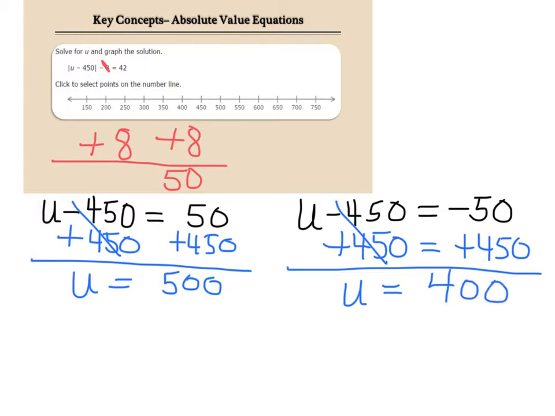So I end up with u equals 500 and u equals 400. Now all we have left to do is graph those 2 points. So I come up here and I put a point on 500 and one on 400. And now I've solved the equation and graphed the solution.